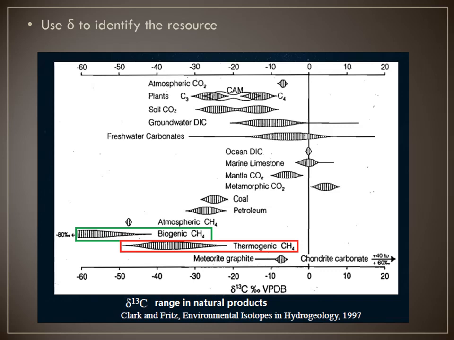This data we have already obtained in our last analysis, so you can refer back to the data and check which range you are allocated. If it's allocated between -45 to -20, it will be thermogenetic, and otherwise it will be biogenetic.